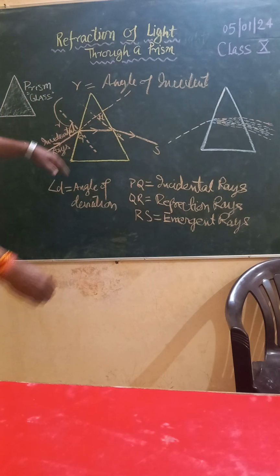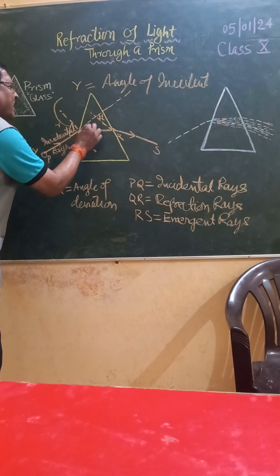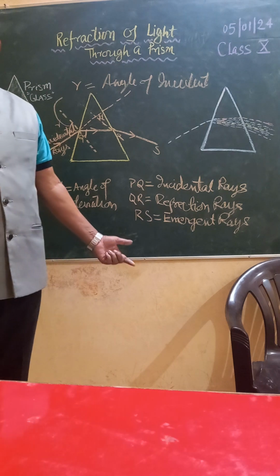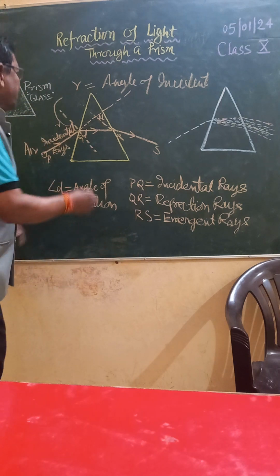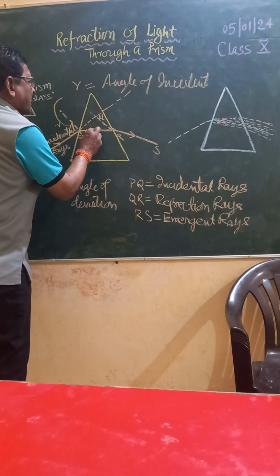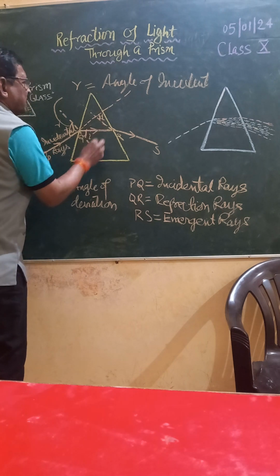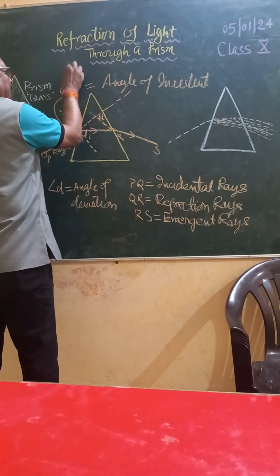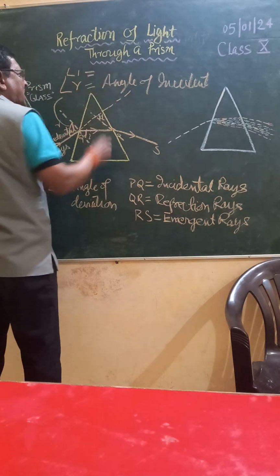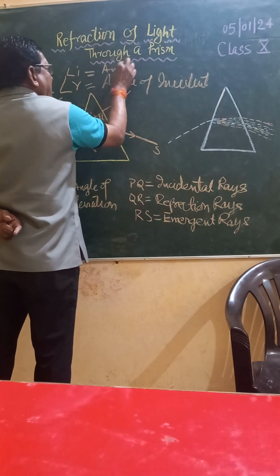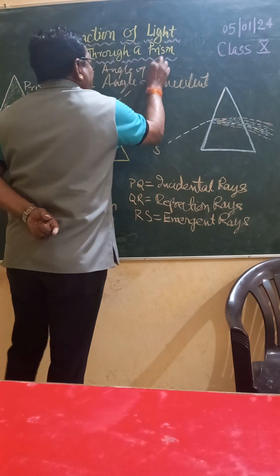Now what is this angle? This is the angle of refraction. Let me denote it as I. So this I will become the angle of refraction.